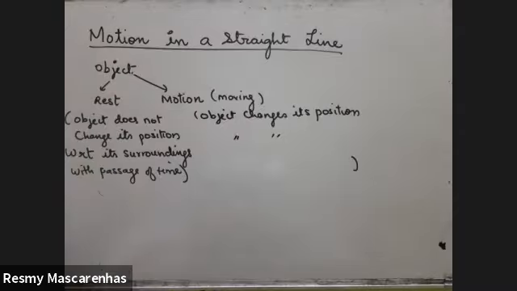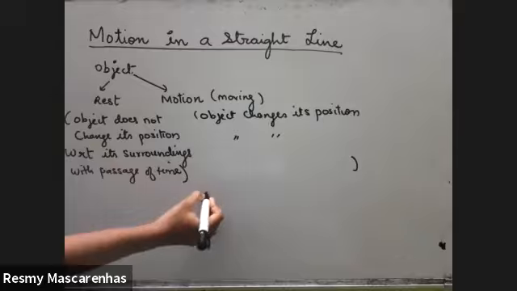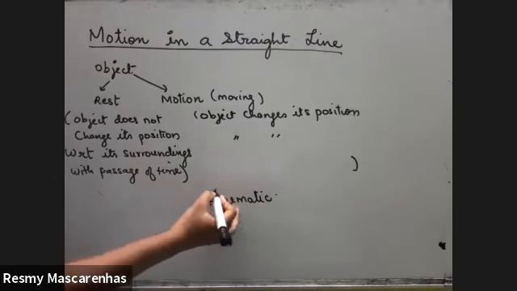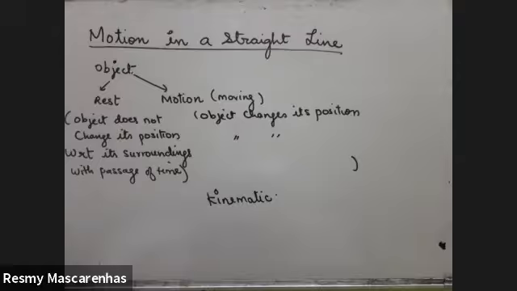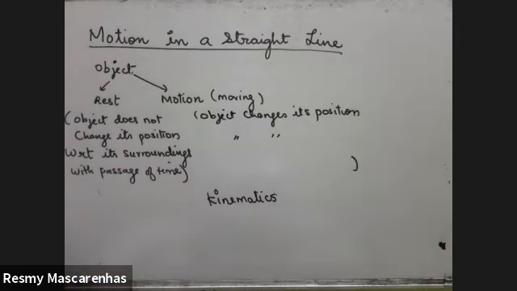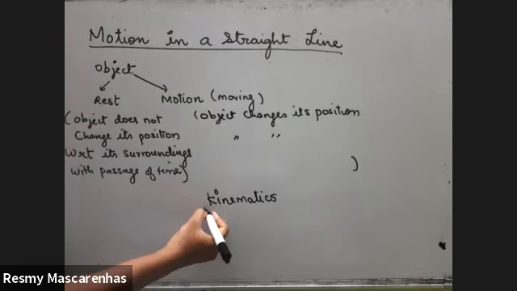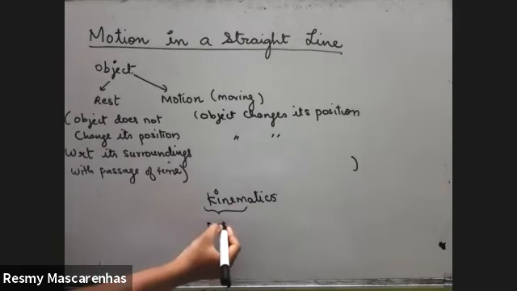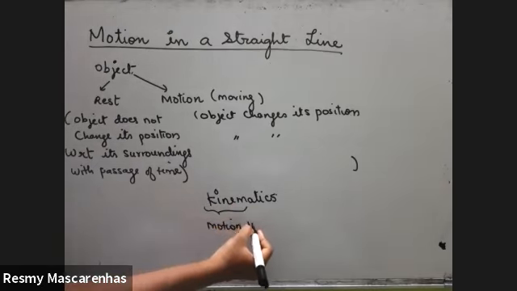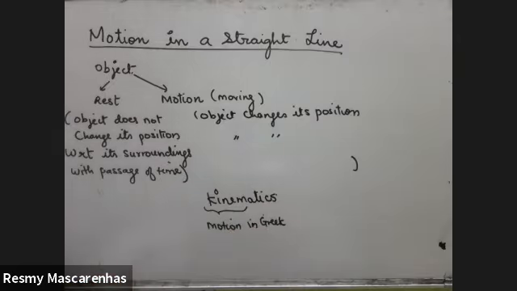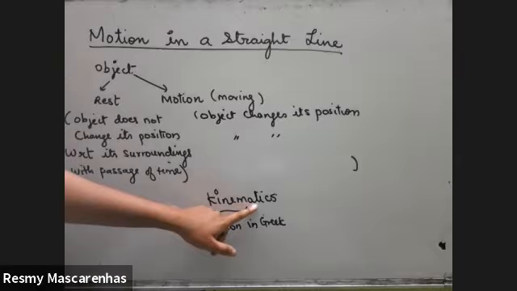So this chapter is all about something called kinematics. The word kinematics means movement or motion in Greek, and matics means mathematics.